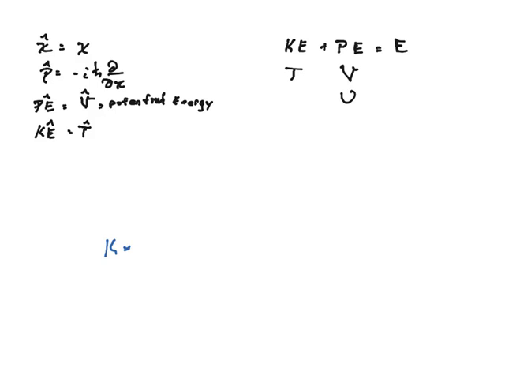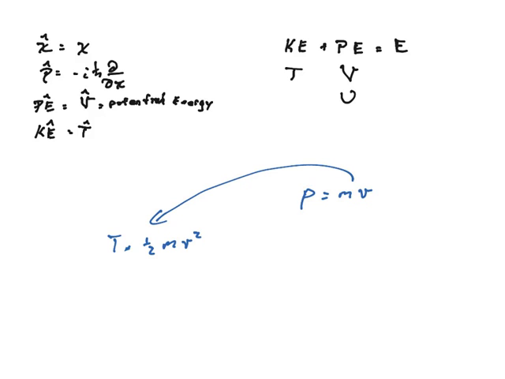Kinetic energy, T, is 1/2 mv squared. Right? But I don't have an operator for v, for velocity. The operator is momentum, p. So what I want to do is take p, the momentum operator, which is mass times velocity, and I want to make it look like kinetic energy.